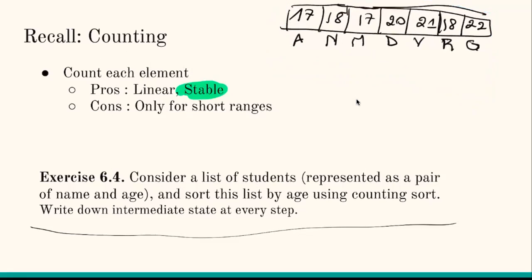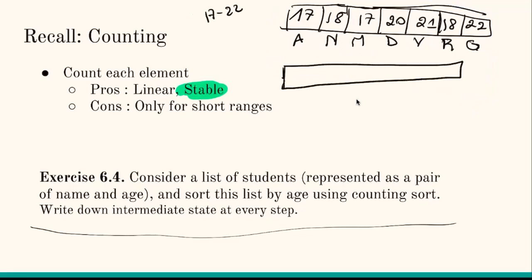what we will do is that the first step, what is the first step? We know that our range is from 17 to 22, okay? So we need to create an array with index from 17 to 22.